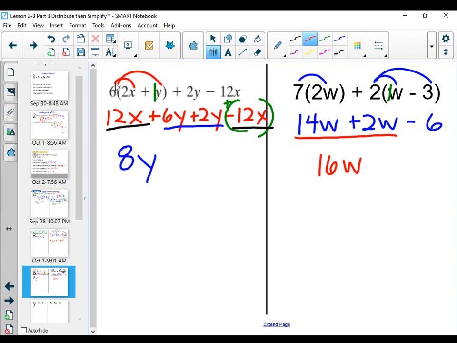Now we have 16 walrus. What goes with minus 6? Nothing. Stays by itself at the end.